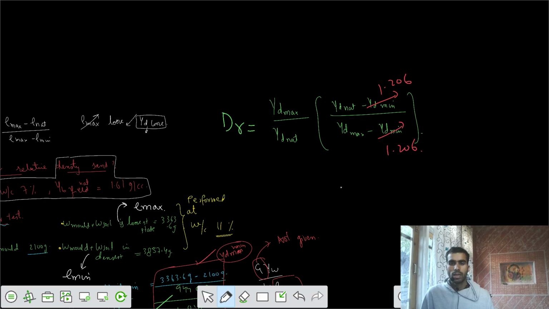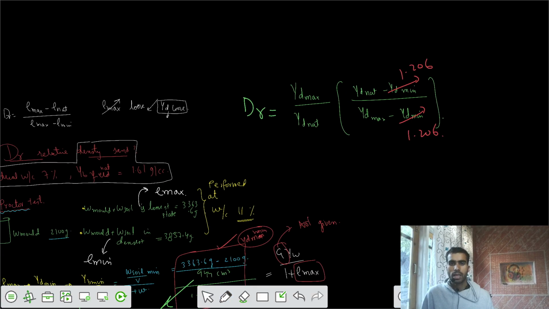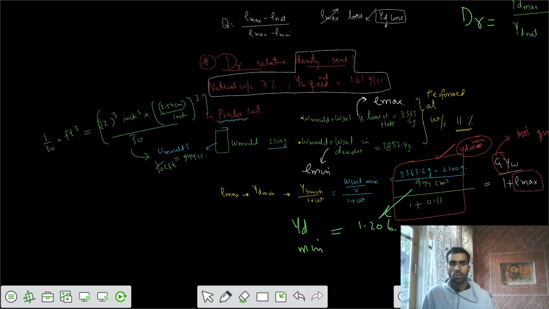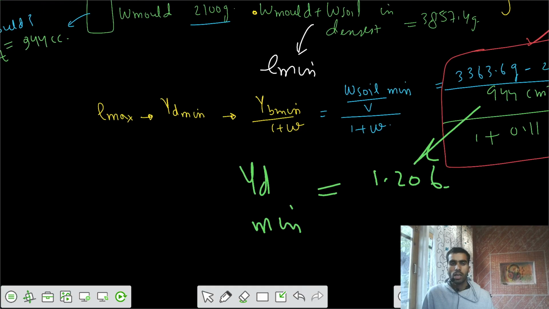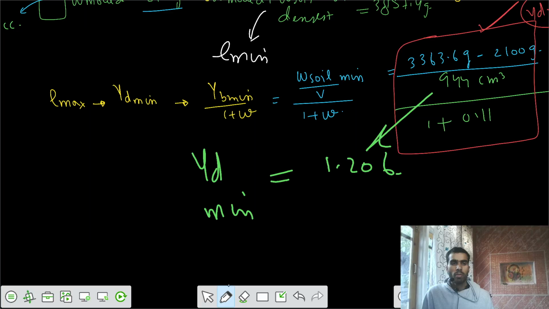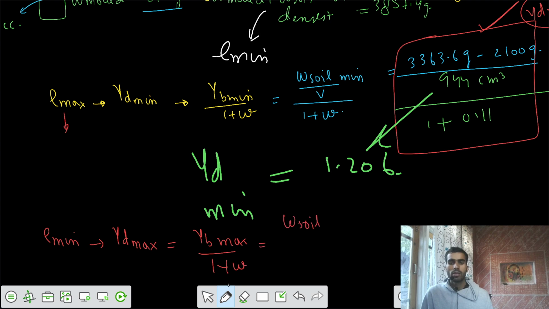Now we need the gamma dry maximum. For the calculation of e minimum, gamma dry maximum is gamma bulk maximum divided by 1 plus water content, that is the maximum weight of soil in the volume of the mold divided by 1 plus water content.